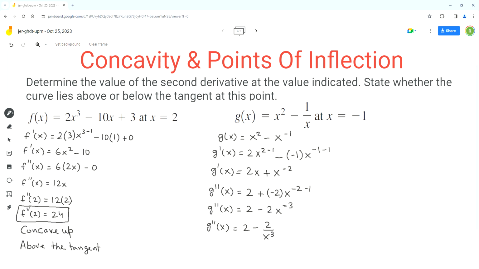Now we can sub in x as -1 in this second derivative. Now we can evaluate this expression.